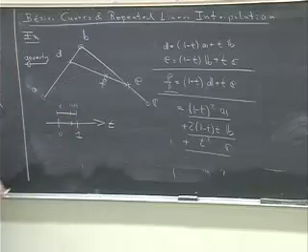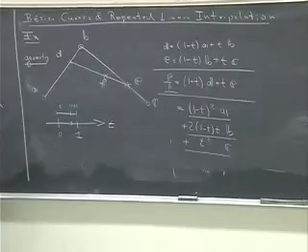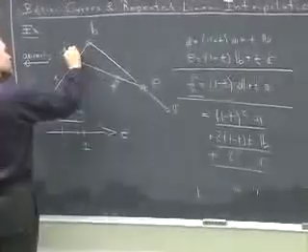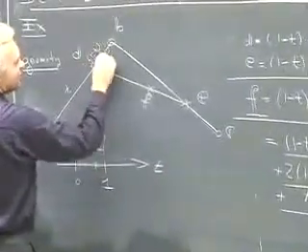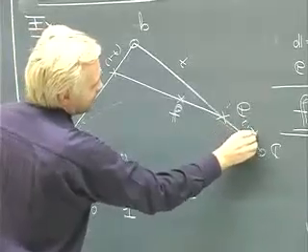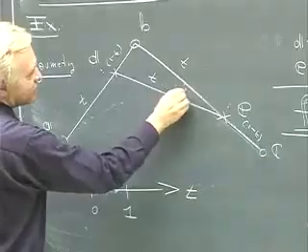And this ratio is mapped onto these line segments, right? That's the way I've drawn it. So you have the same ratio here, t to 1 minus t. You have the ratio here, t to 1 minus t. And you have the same ratio here, t to 1 minus t.